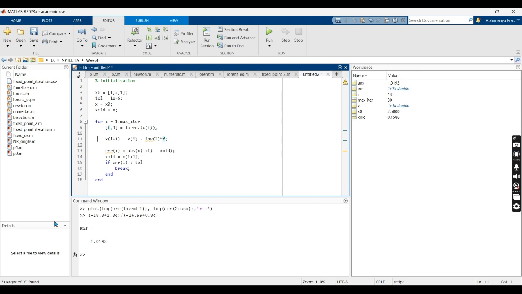Furthermore, it's a column vector, right?